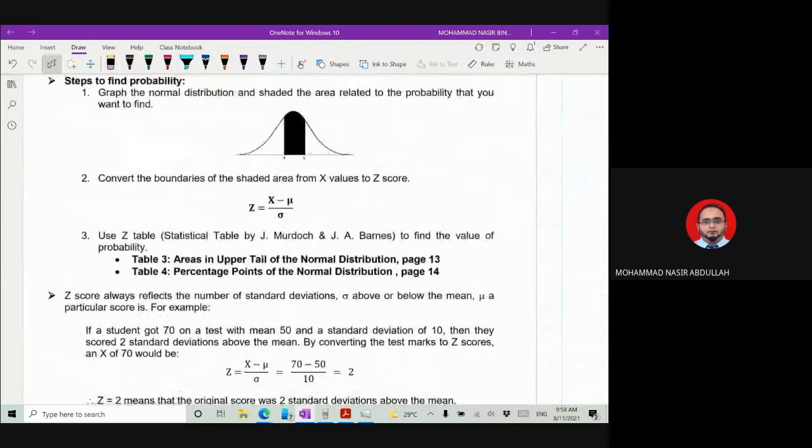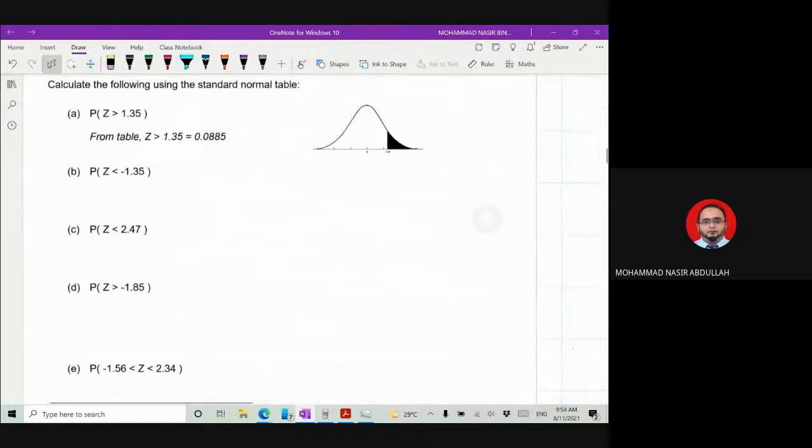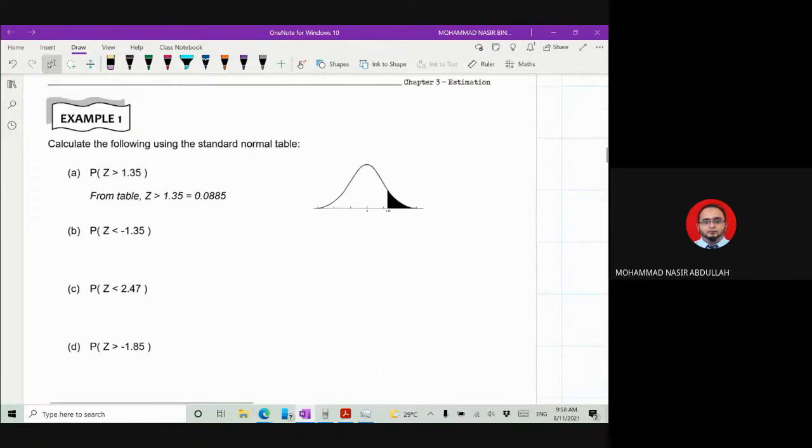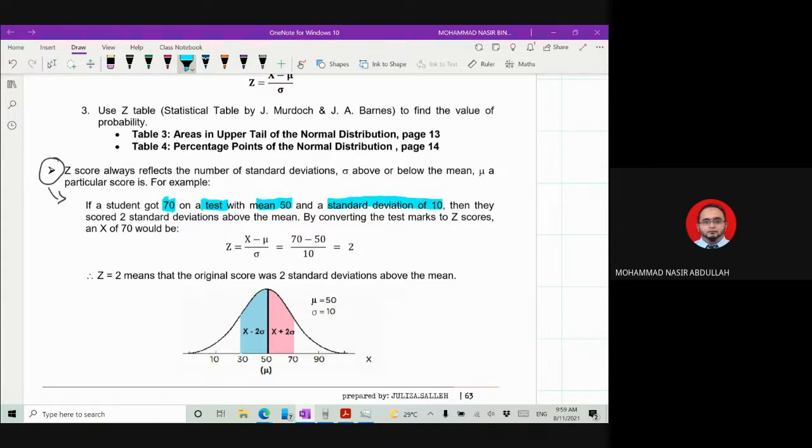Now let's look at this one. You can read by yourself. Let's look at the Z score. If a student got 70 marks on a test with mean equal to 50 and standard deviation equal to 10, they score 2 standard deviations above the mean.